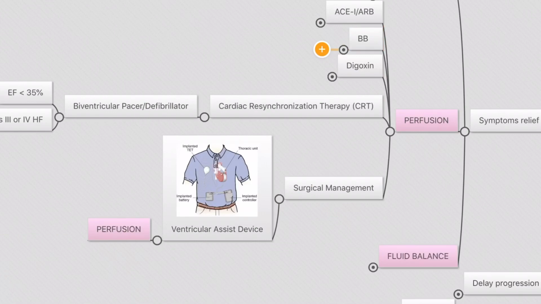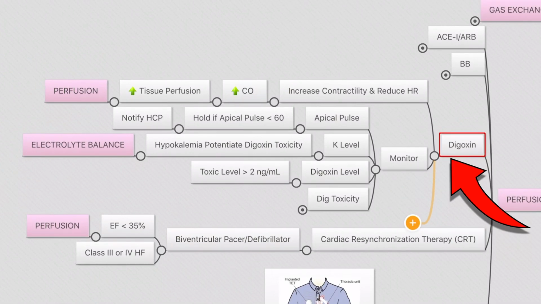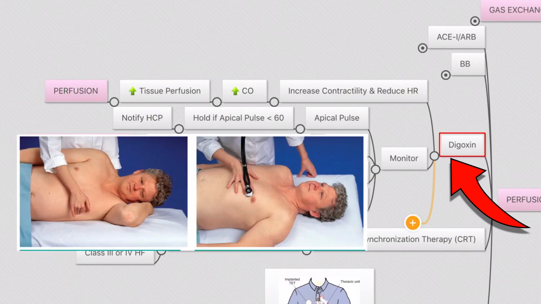Next, we're going to move on to digoxin. Now, digoxin is an inotropic drug. Digoxin helps to increase contractility and helps to reduce heart rate. In return, it's going to increase cardiac output and tissue perfusion. So, what are you going to do before you give digoxin? You need to monitor the apical pulse, because if it's less than 60, you need to hold the medication and notify the healthcare provider.